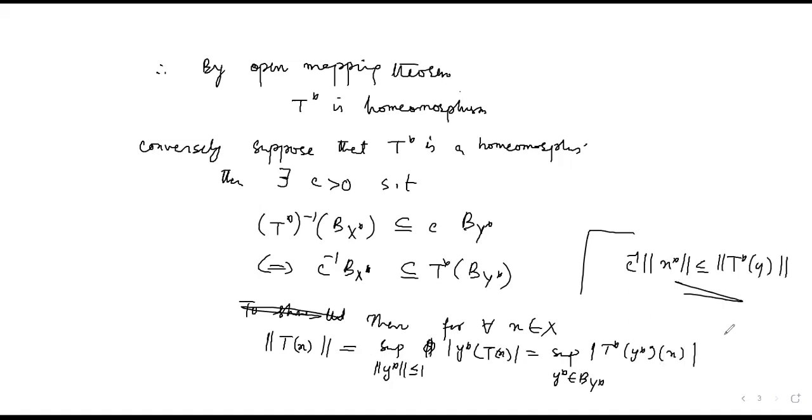Supremum, so this should be greater than or equal to supremum of x star belonging to the unit ball of X star, because of this star, C inverse of x star of x.